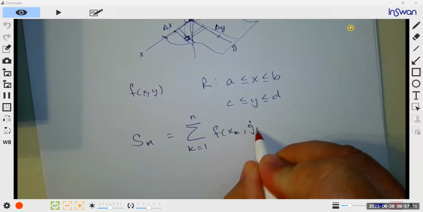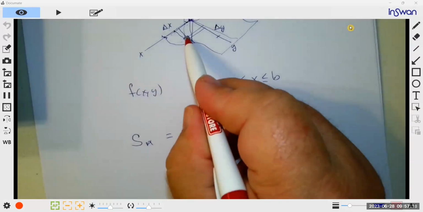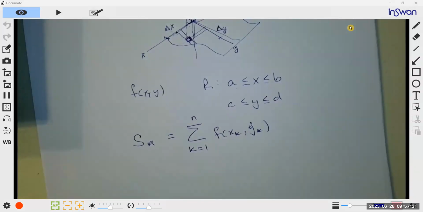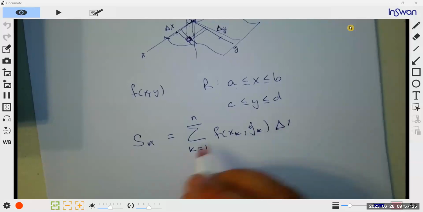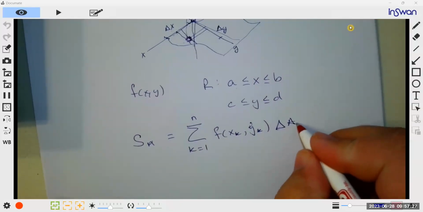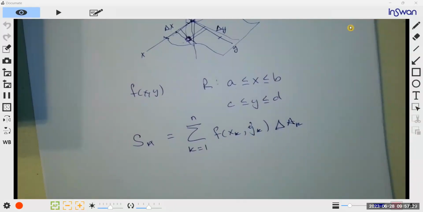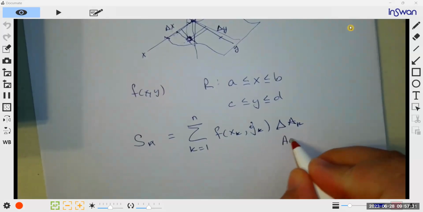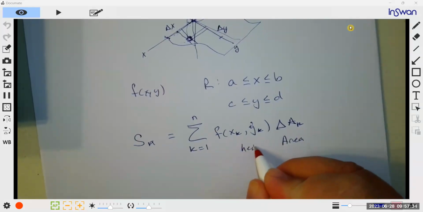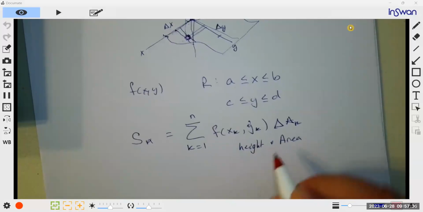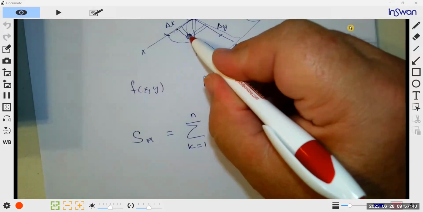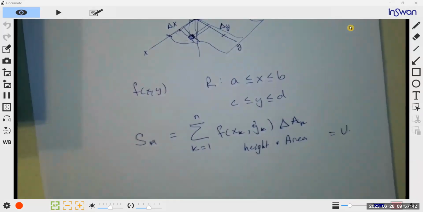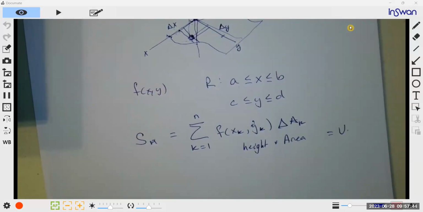We have our x and y component, which is the area of that box under there, times the function, times the area of that box. So here we have the area times the height, which will equal the volume. So the more of these boxes we have, the more accurate our estimation of the true volume of that object becomes.